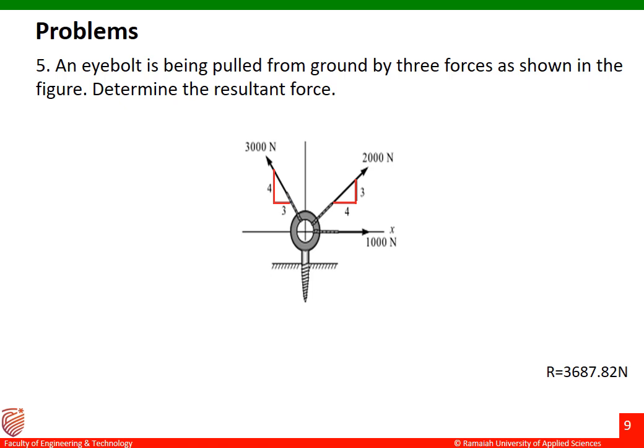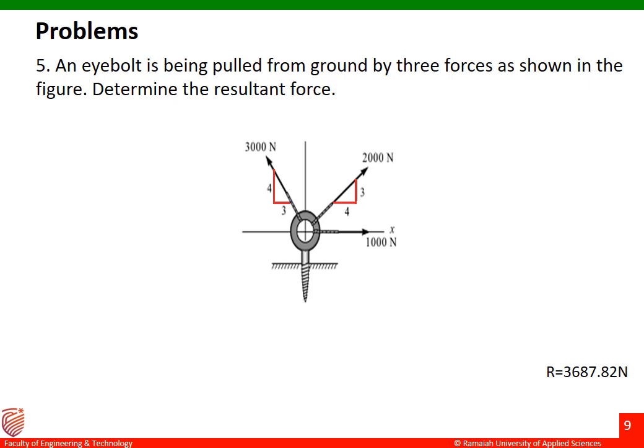The angle is not given, but the slope of the force is given. Similarly, the 3000 Newton force is acting in the second quadrant, and its slope is given. Let us find out the resultant of the given problem.